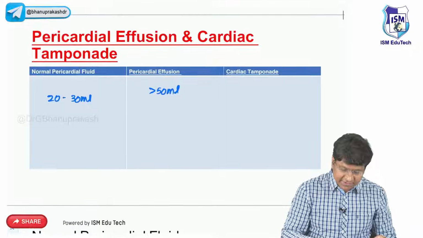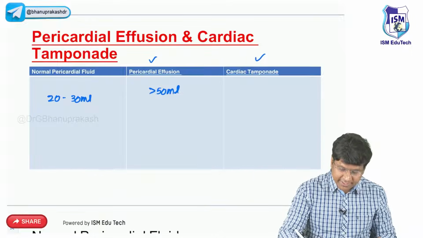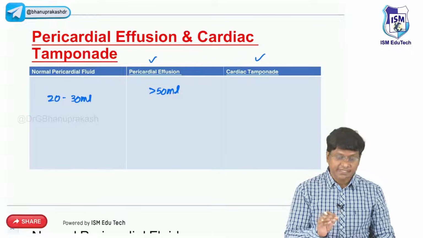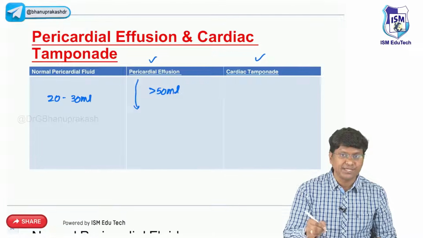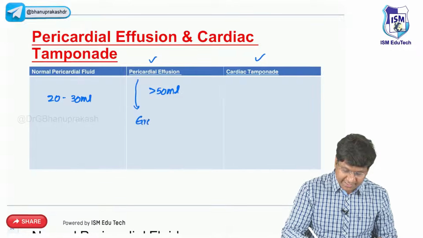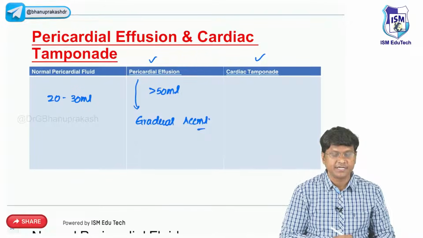Now, what is the difference between the pericardial effusion and the cardiac tamponade? The difference is that if the fluid accumulating within the pericardial space is gradual, then we call it pericardial effusion.